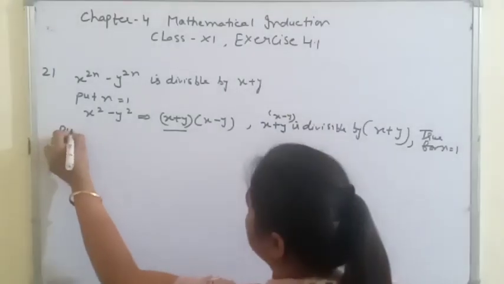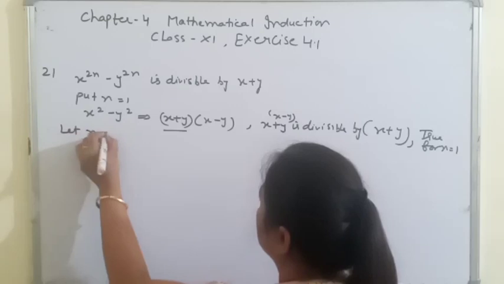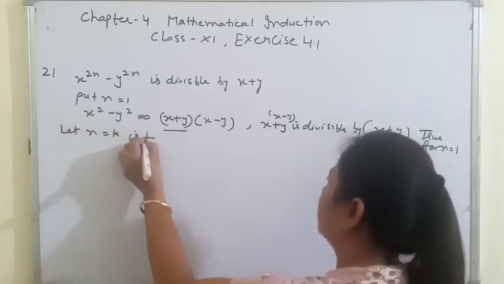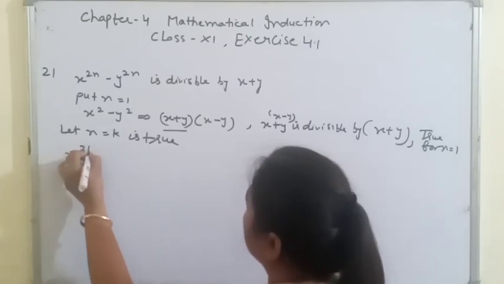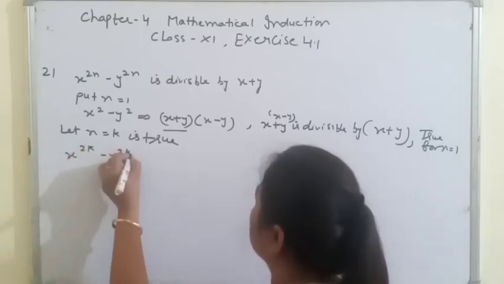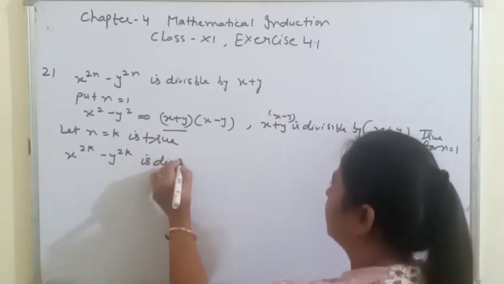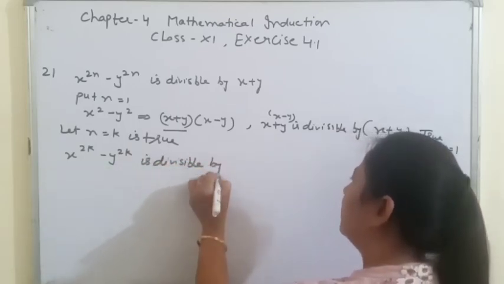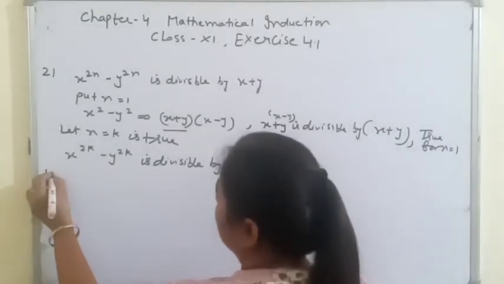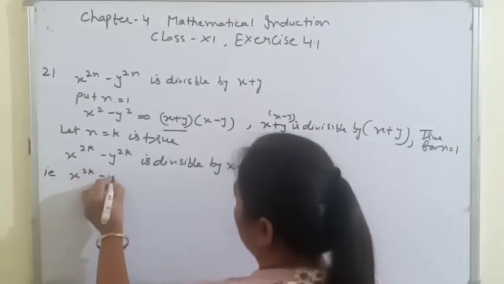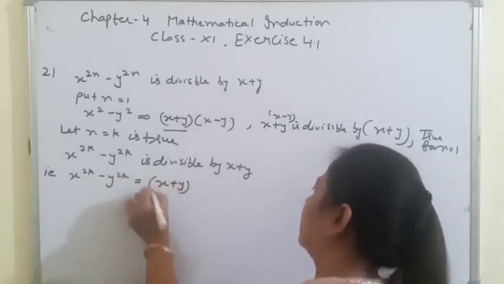Now second, let n equal to k be true. We will assume it true for k. x^(2k) minus y^(2k) is divisible by x plus y, that is, x^(2k) minus y^(2k) is a multiple of x plus y.